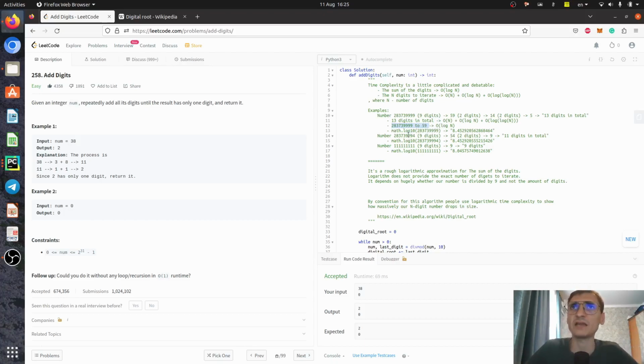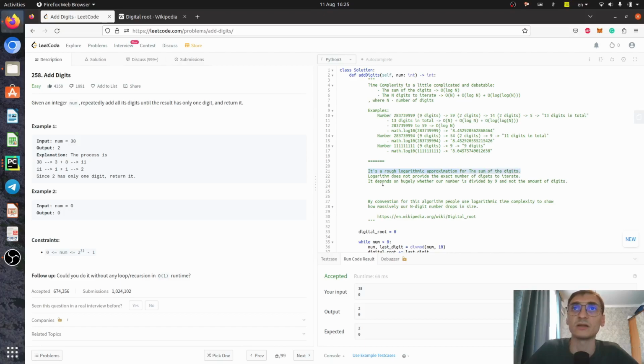If we take the logarithm of this number, you can see that we don't have 59, we have approximately 8.45. The question is why? The answer is simple. It's a rough logarithmic approximation for the sum of the digits.